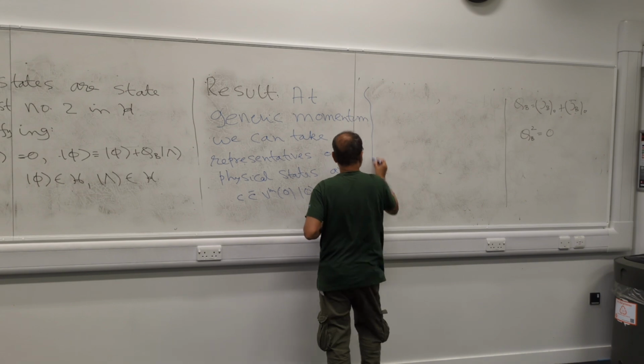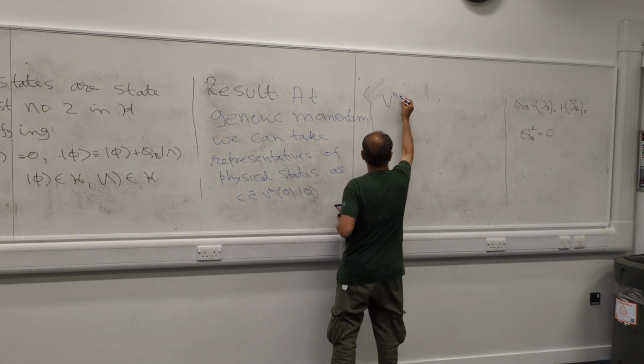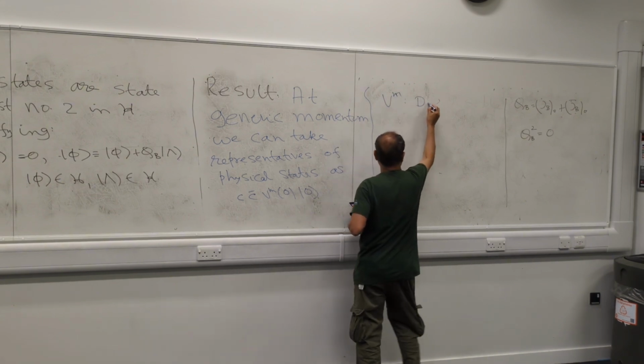Where Vm is a dimension 1 matter primary.